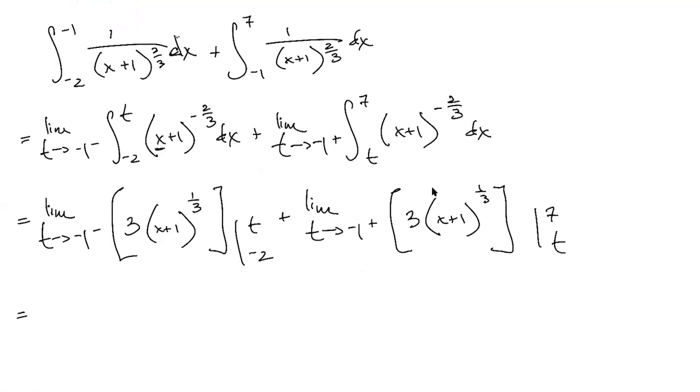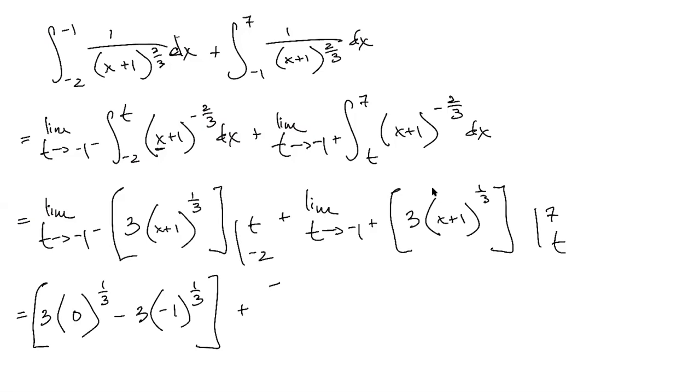Now let's plug in all of our bounds. So at first, I'm going to plug in -1. All right, so I'm going to get 3 times -1 from the left, and so this is going to go to 0 to the 1/3. Minus what happens when we plug in -2, this becomes -1 to the 1/3. So all of this first part in the bracket is from the first limit.